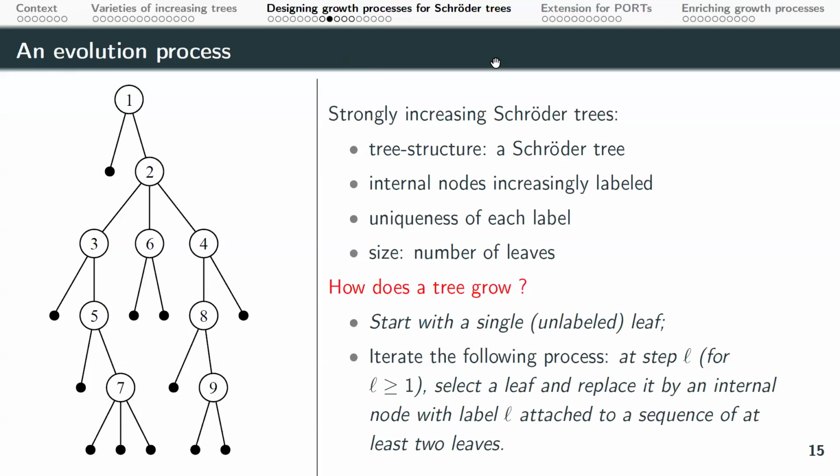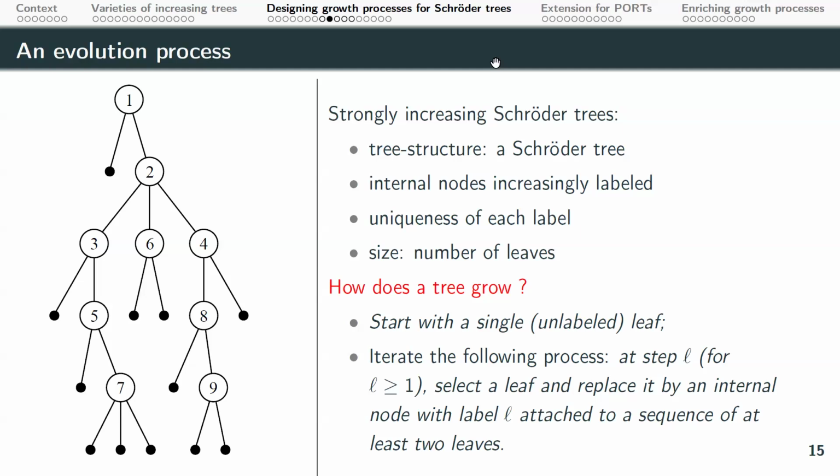So I have my increasing Schroeder tree, and now I want to define some way in order to let this tree grow. So now I start with a leaf, so just a bullet, and I iterate the process.